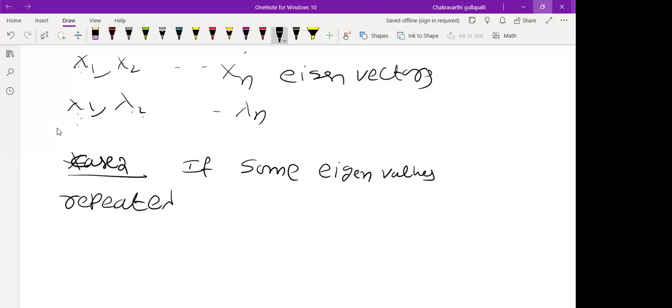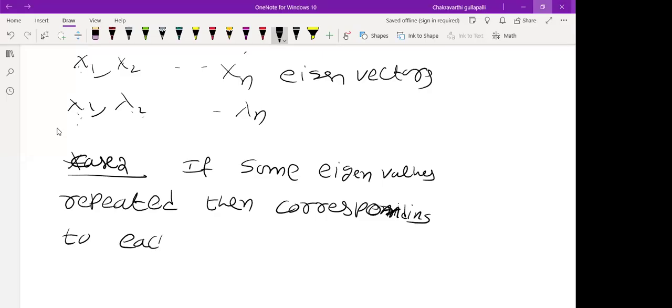If some eigenvalues are repeated, then corresponding to each repeated eigenvalue, AM must be equal to GM.